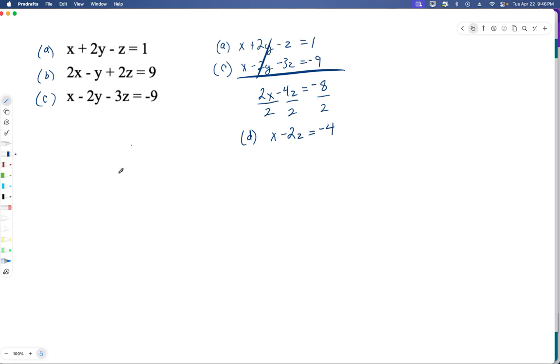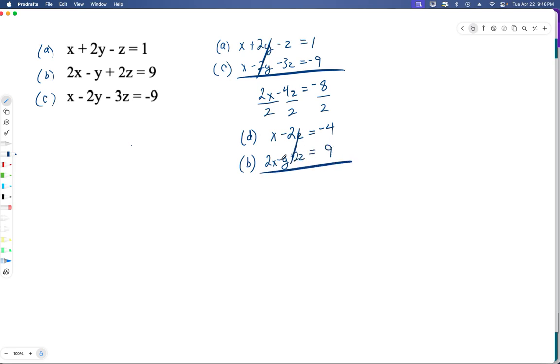All right, so I'm looking, and here I've got 2z right here. So I could actually cancel with D and B. So let's do that. I'm going to put B just like it is, and I'm going to say 2x minus y plus 2z is equal to 9.